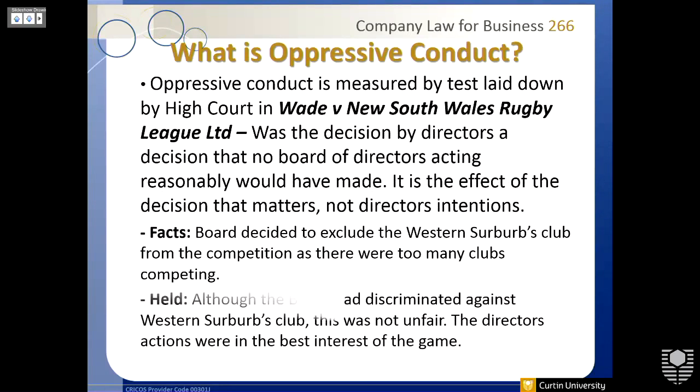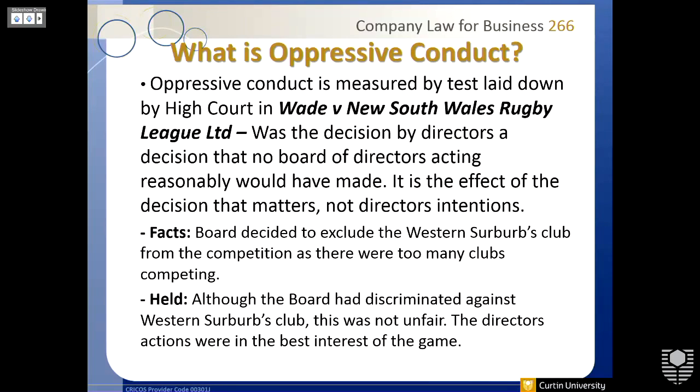Now, in order to determine whether it's an oppressive conduct, the High Court of Australia has laid down the test in the case of Wade and New South Wales Rugby League Limited. In this case, as I explained to you on the situation of the Commonwealth Games, the facts are similar. What happened is that the association was having a competition for rugby, and they had to actually stop one of those clubs from participating, called Western Suburbs Club.